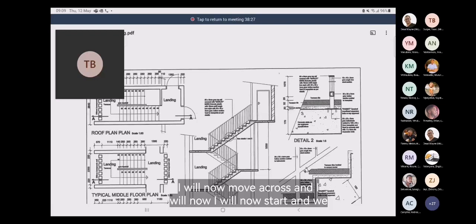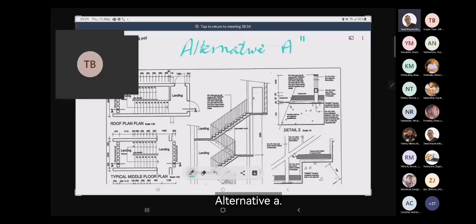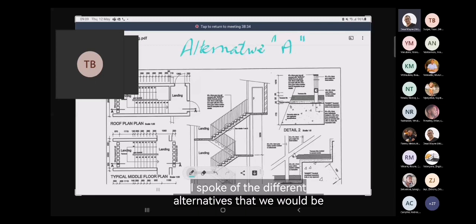I will now move across, and we will be looking at, first and foremost, alternative A. Remember, I spoke of the different alternatives that we would be using in order to measure this here.